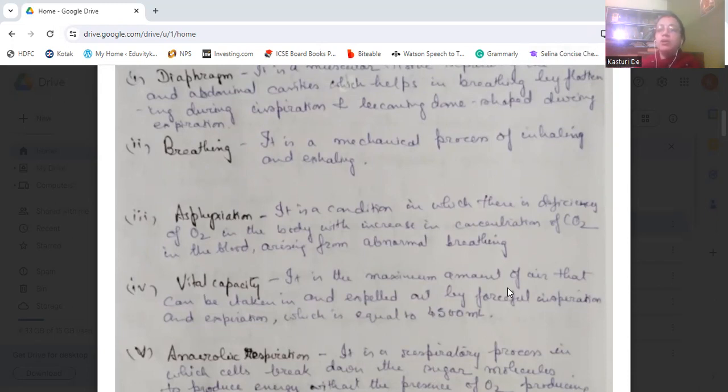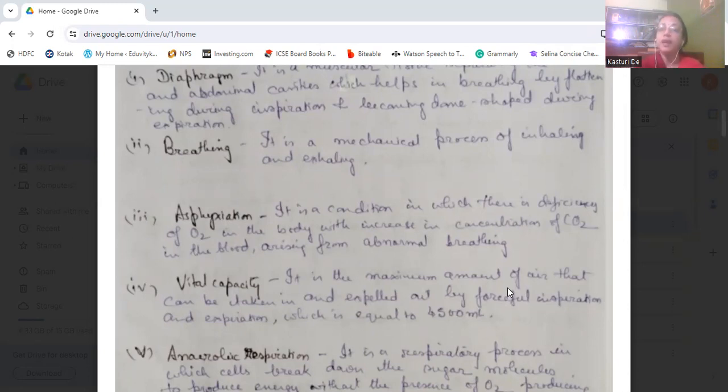Okay, it may be that there is deficiency of oxygen in the atmosphere, or in a very closed room where there is a lot of crowd, or if a person's throat is being choked. So very little oxygen is going inside his body.